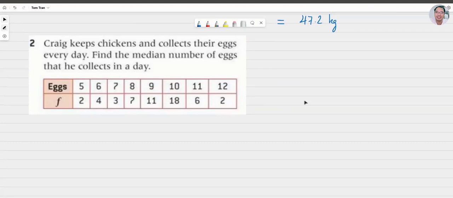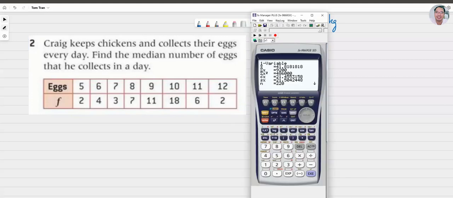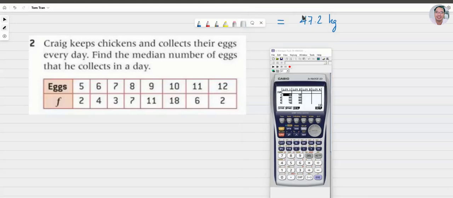Median number of eggs that he collects in a day. Similarly, you type in one list the value of eggs, and the second list the frequency. Okay. And you use one variable calculation again with the setting frequency table, frequency on.